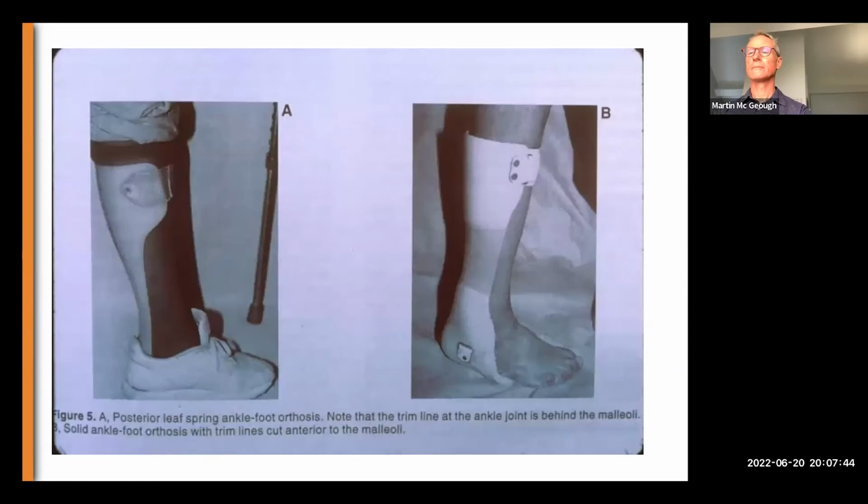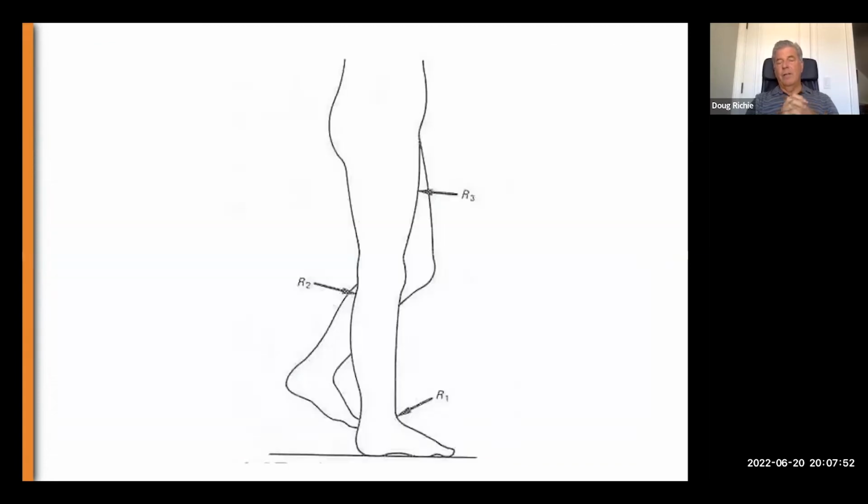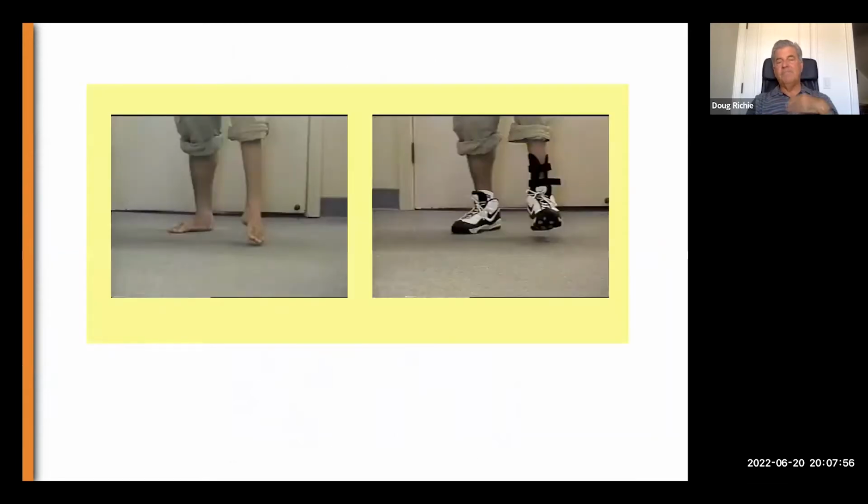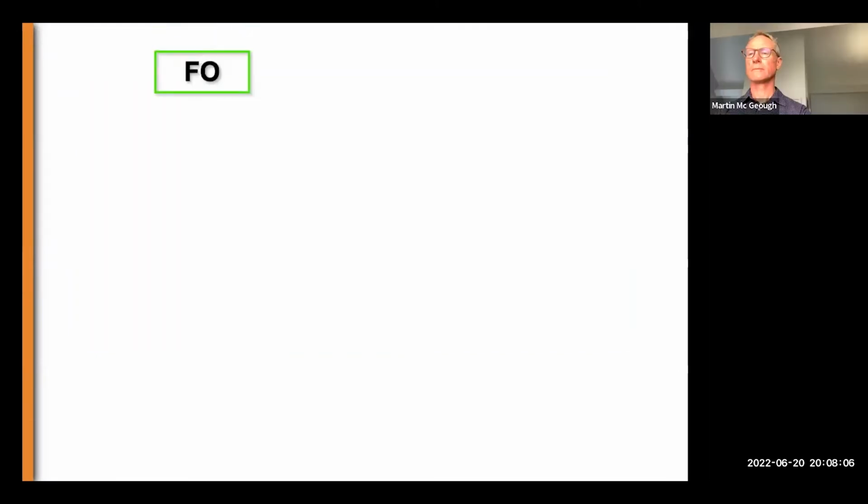But by extending the brace above the ankle joint, we can now apply force couples in multiple locations to profoundly affect alignment. We can realign the entire foot and ankle, not on the order of 1 or 2 degrees, but on the order of 30 to 40 degrees.